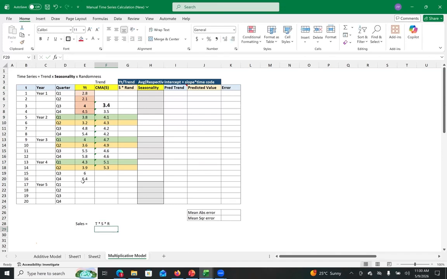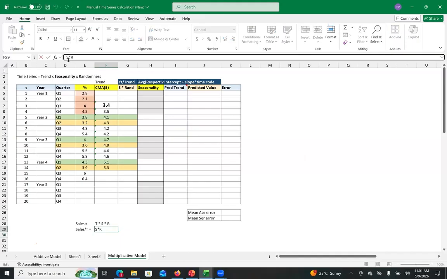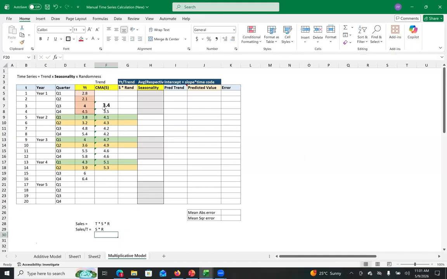So once you have a trend component, can I say sales divided by trend component is equal to seasonality multiplied by randomness component? Yes, you can say. So once you have the trend component, you will calculate the seasonality multiplied by randomness component by dividing these two.